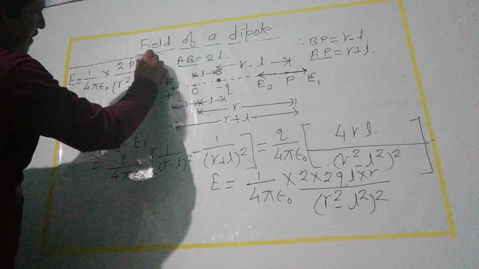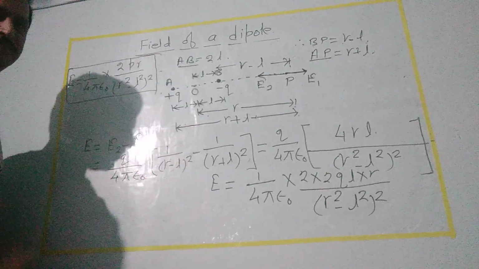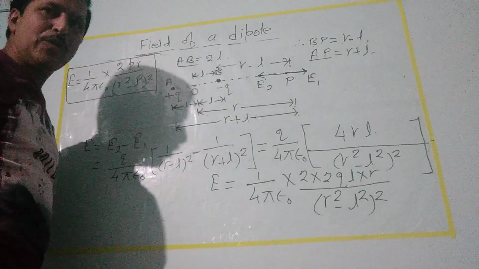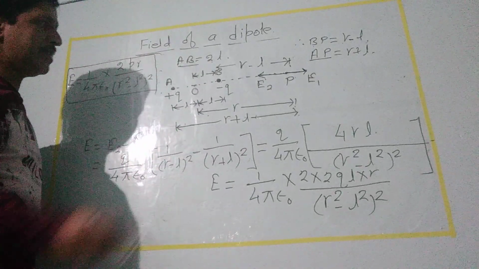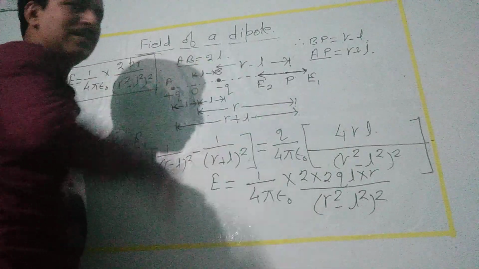This is the desired expression for the electric field at a point on the axis of the dipole and at a distance r from its center.